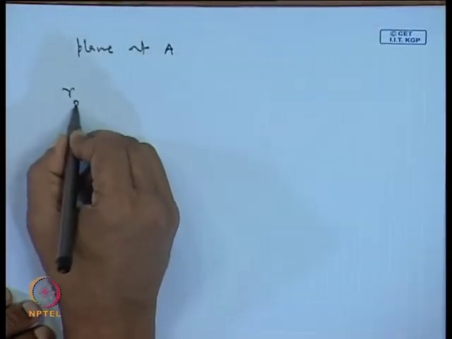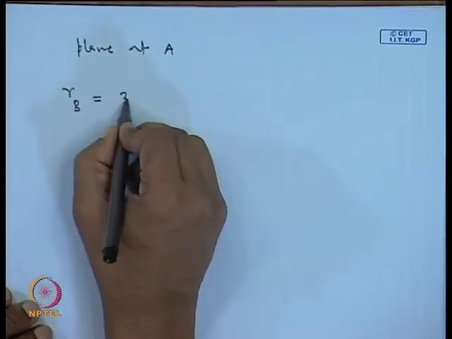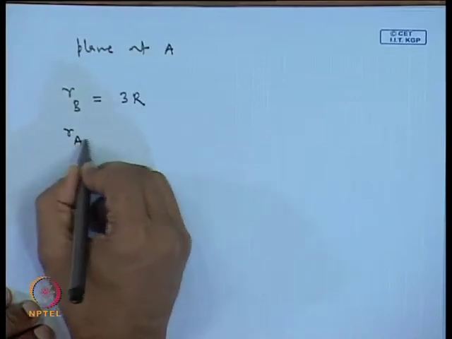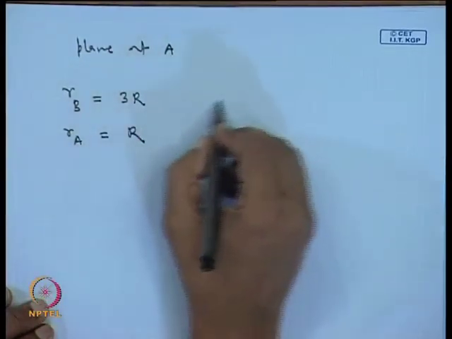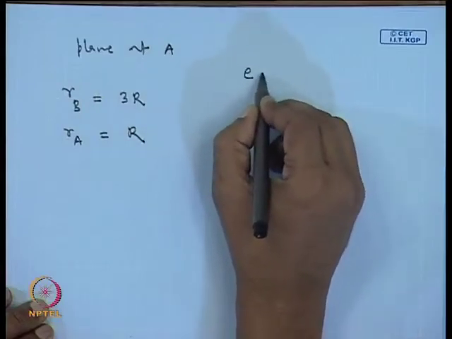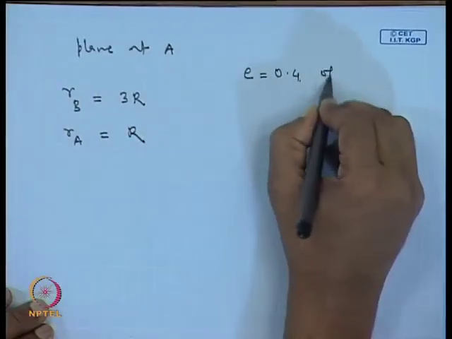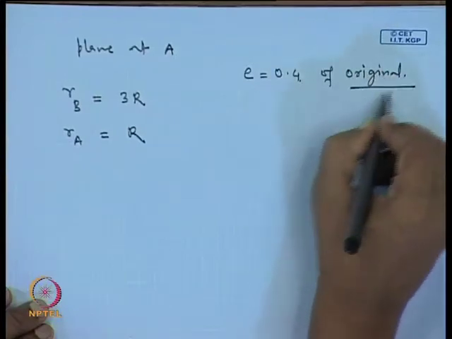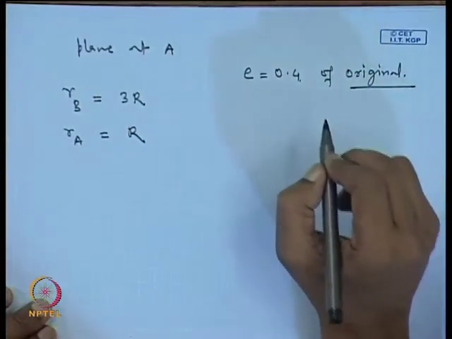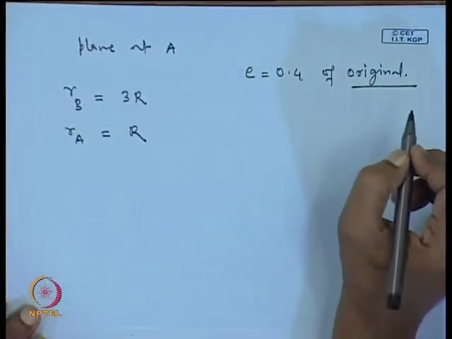So, R B is 3r and R A is r. Eccentricity is 0.4 of the original orbit, and for the polar orbit obviously the eccentricity will be 0.